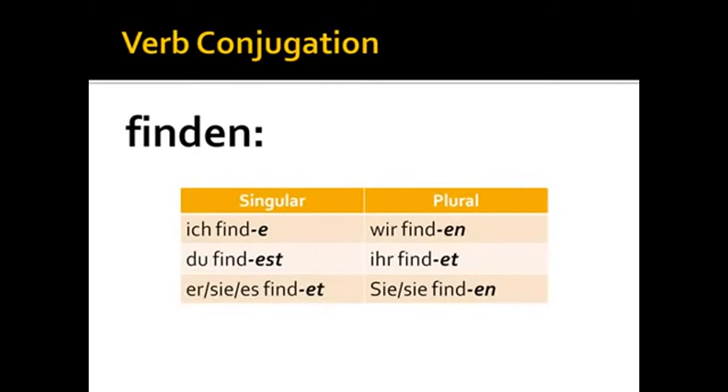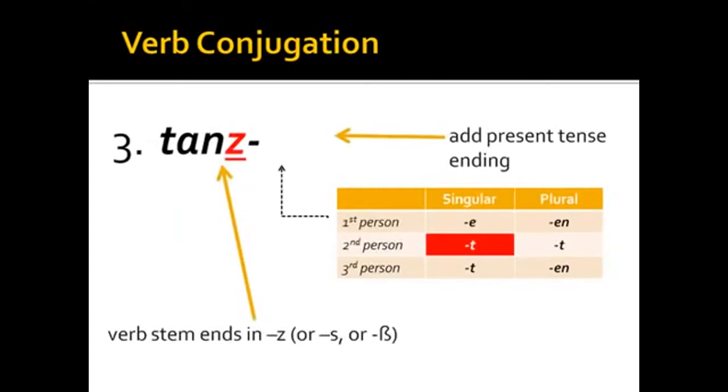Let's take a look at another verb, tanz. Tanzen is the infinitive form, to dance. Again, it's simply trying to make life easier for us by making the verb more pronounceable. If the verb stem ends in a Z, or if it ends in an S or an SZ, that funny looking B, we're going to drop off the S ending.